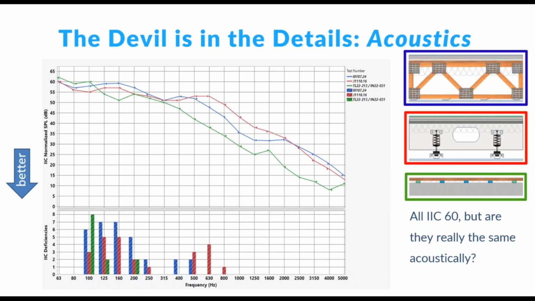So they perform differently in different frequency ranges. They're all still going to sound different if you're standing below them, even though they have the same IIC rating. So we would need to consider that again, not just the quantity of the sound, but the quality of the sound in the space down below.